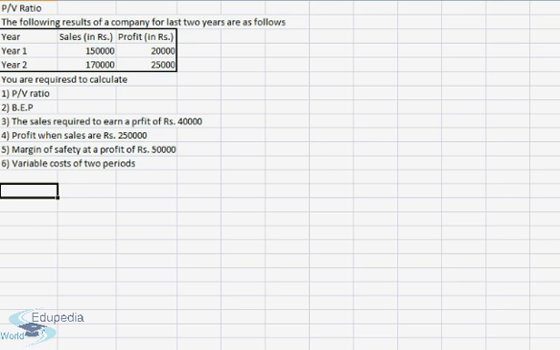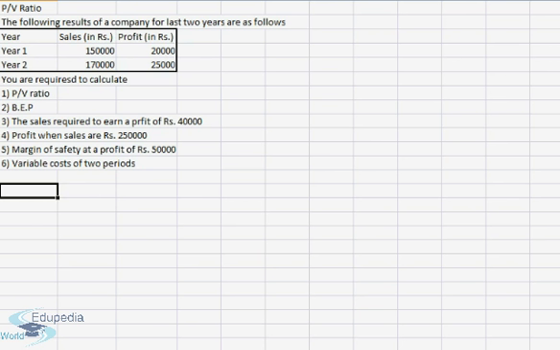Now the next thing that comes to our mind is how to calculate PV ratio and what this PV ratio is. Unlike what the name suggests, profit to volume ratio is not about the ratio between profit and volume of sales. It is a ratio between contribution and sales.